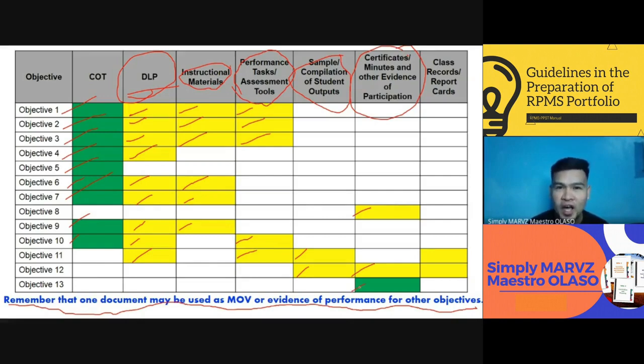Ito yung mga plus factor. Yung objective 13 natin, yung mga plus factor natin. So, naka-green siya kaya kailangan certificate po ang gagamitin natin as our main MOV lamang po para sa objective 13. Okay po? Yung class record mo, yung rating sheet mo, yung report cards ay pwedeng gamitin na sa objective 11 and objective 12.